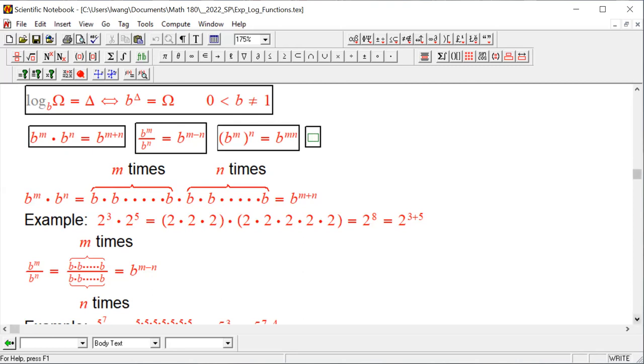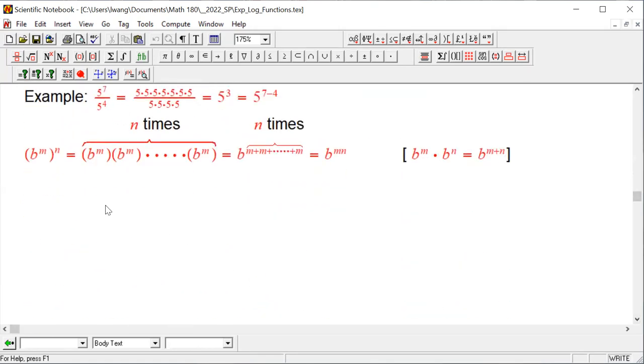Okay. My question to you, what is b raised to the power of 0? What does that equal to? You can pause the recording at this moment to think for yourself. Okay, if your answer is 1, you're right. But if you answer this way, you're still not completely right.